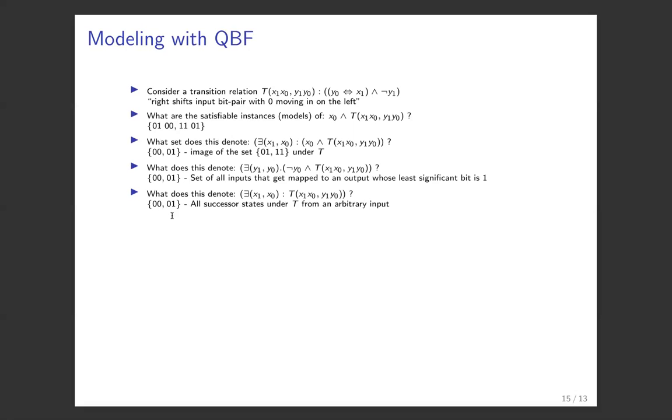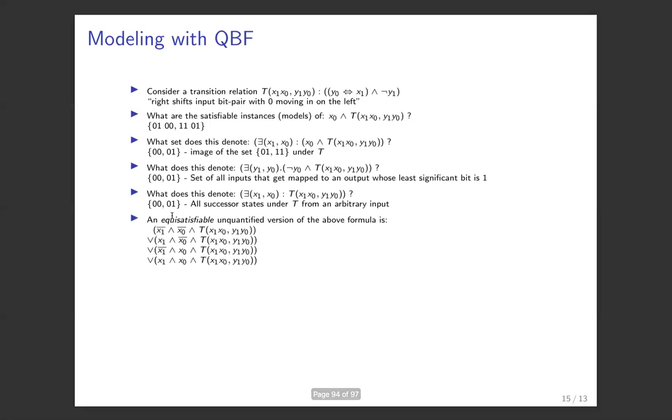So that's why I say it's all successor states under T from an arbitrary set of initial states. That's why you will see that we will use quantified Boolean formulas, regardless of whether you expand it out or not, because an equisatisfiable unquantified version of the formula is this one, and it is compact to talk about those things. So I think that's the point, and I'll stop here.